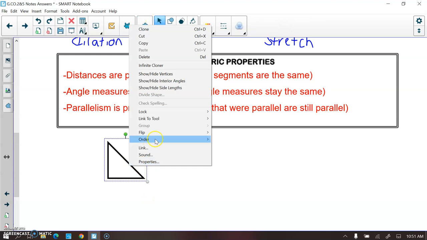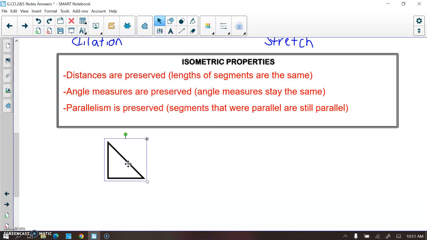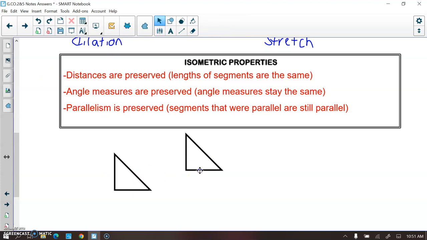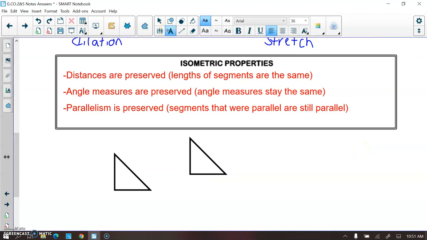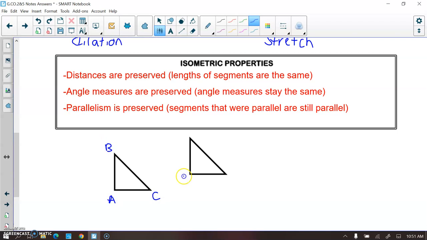I'm going to clone this figure because an isometric transformation means that your pre-image figure and your image figure would be the same exact size because no size change occurred. And then we're going to talk about what each of these things means. So I'm going to label this triangle ABC and triangle A prime, B prime, C prime.